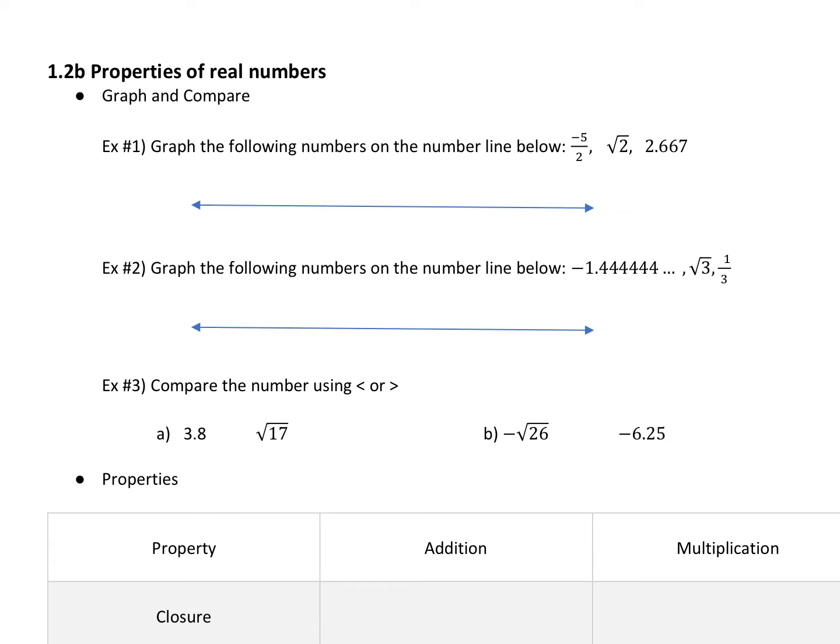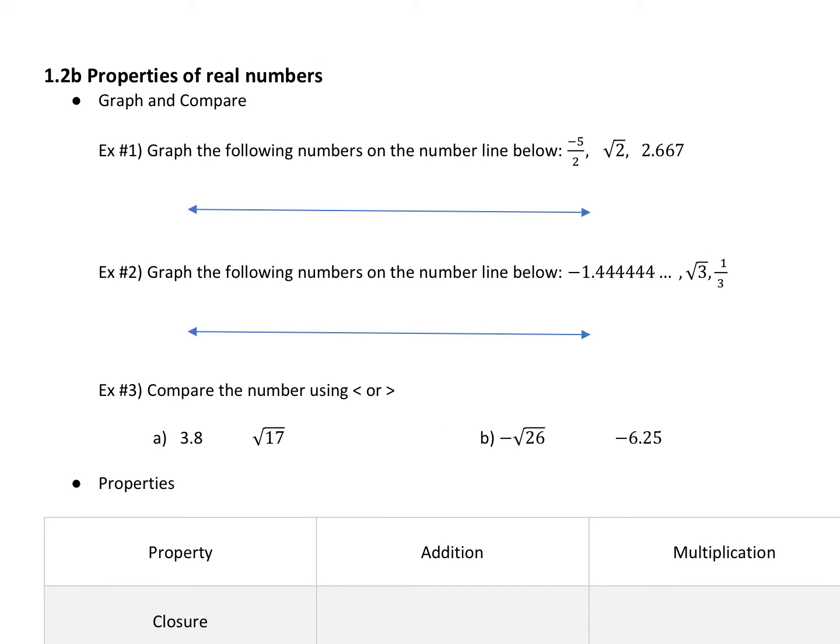So this says graph the following numbers on the number line below. Any ideas as to what might be a good method for taking these three numbers and placing them on this number line? What would your first instinct be to do? John? You want to make them all the same thing.